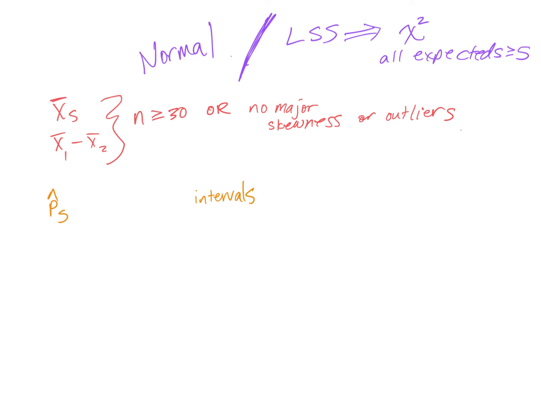For intervals, it's n p-hat and n(1 minus p-hat), or n1 p-hat 1 and n1(1 minus p-hat 1). You just use p-hat to do this, okay? And they have to be greater than or equal to 10.